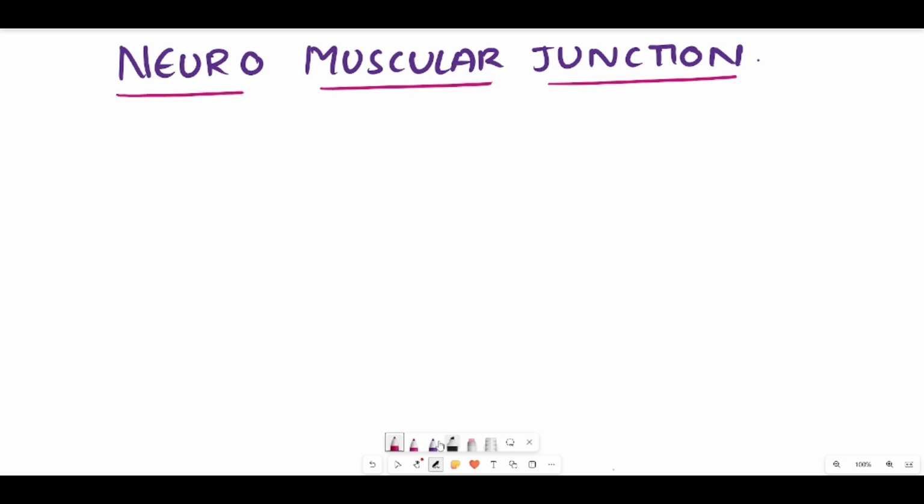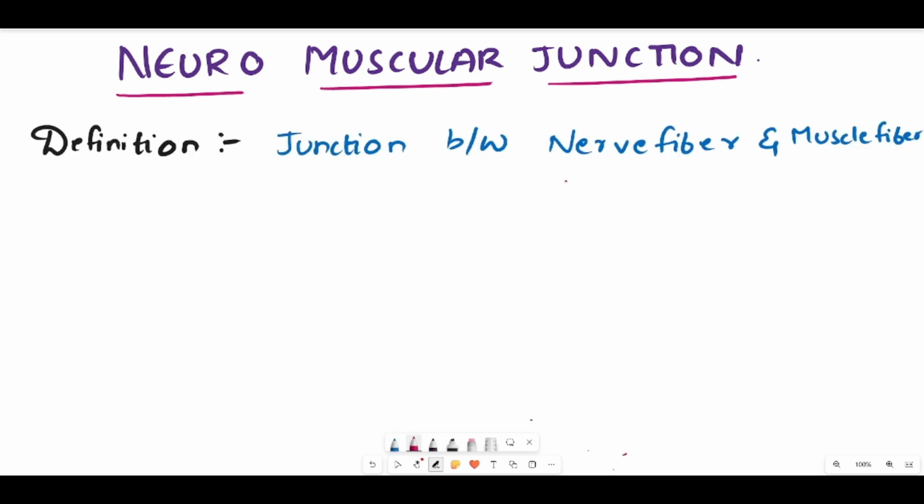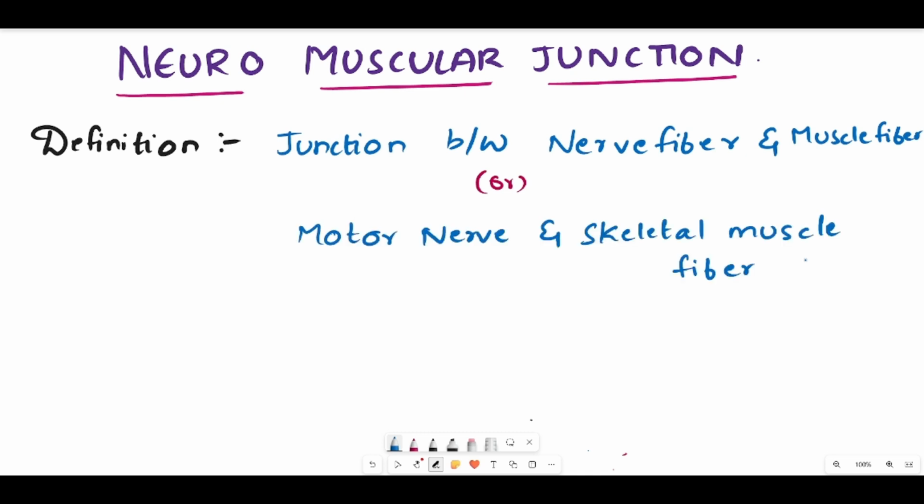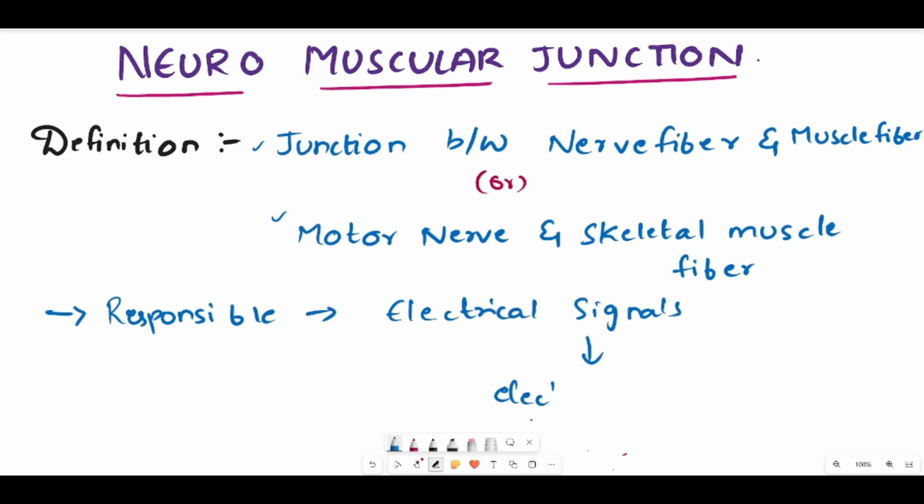Its definition is: the junction between the terminal branch of a nerve fiber and a muscle fiber. Or there is one more definition: the junction between the motor nerve and the skeletal muscle fiber is called the neuromuscular junction. The main responsibility of this neuromuscular junction is that it is useful for converting the electrical signals into electrical activity.